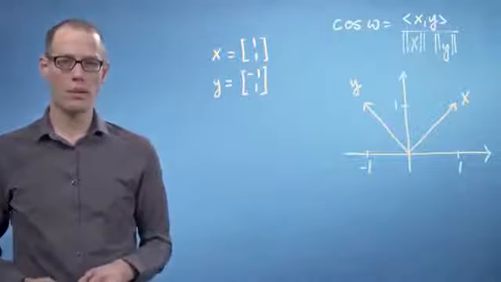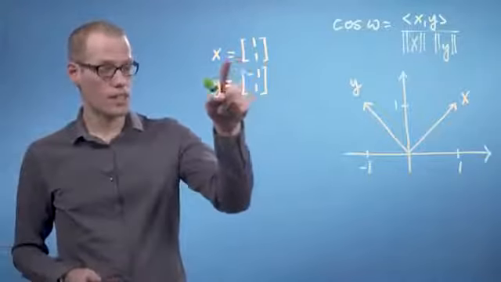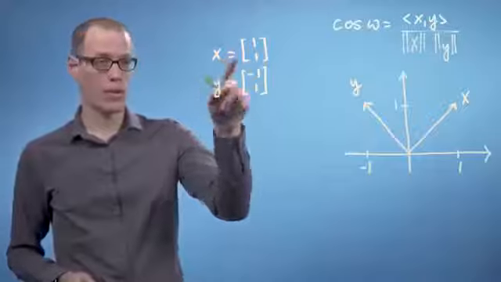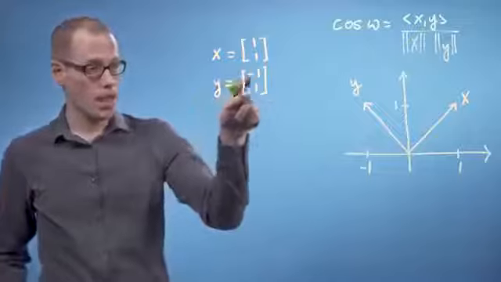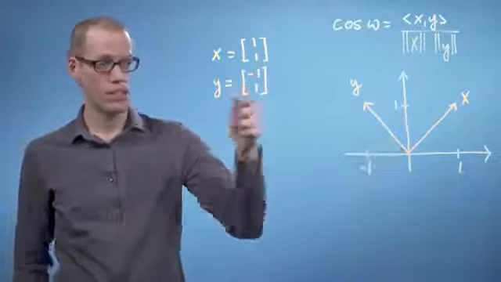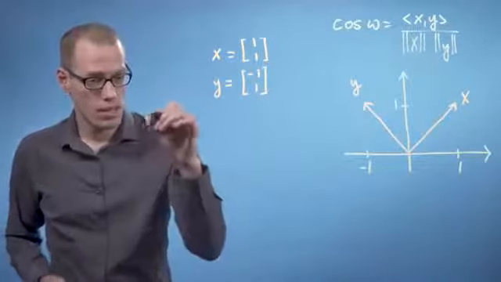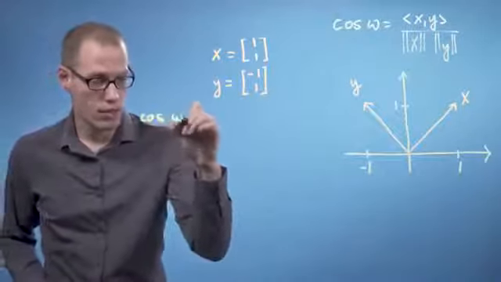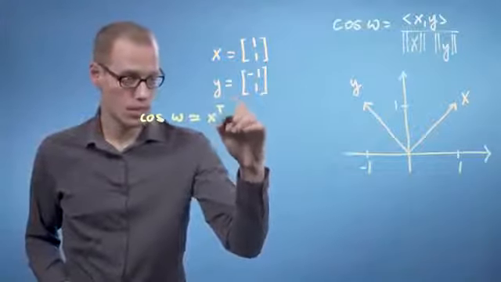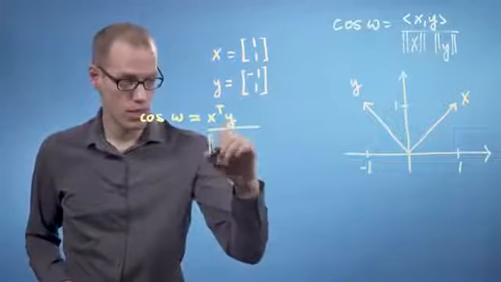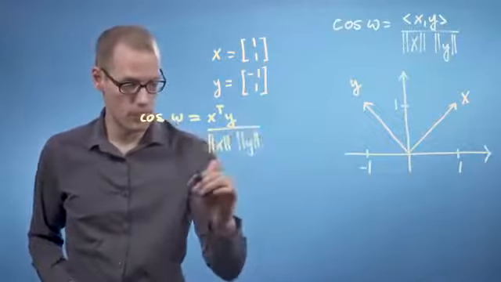Let's look at another example in 2D, again with the dot product as the inner product. We're going to look at the same vector x that we used before, so x equals (1, 1), which is this vector over here. And now we choose y to be (-1, 1), and this is this vector. Now we're going to compute the angle between these two vectors, and we see that the cosine of this angle between x and y is, with the dot product, x transpose times y divided by the norm of x times the norm of y.